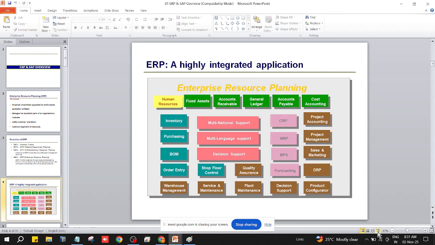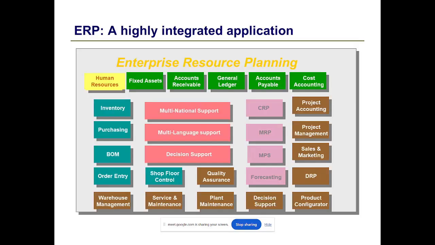If you look at it closely, you can look at it in full screen also. Highly integrated applications. Why these different colors? I have already explained the different color strategies. If you go to the picture, the colors are totally separate.